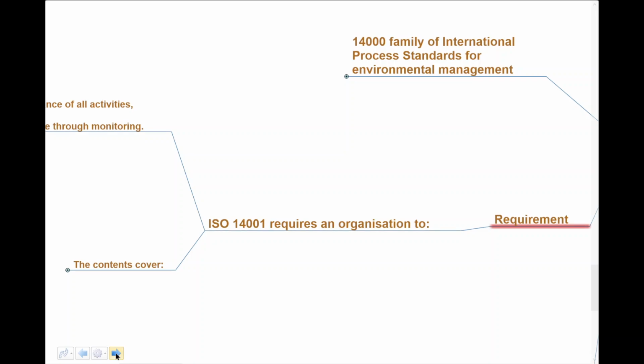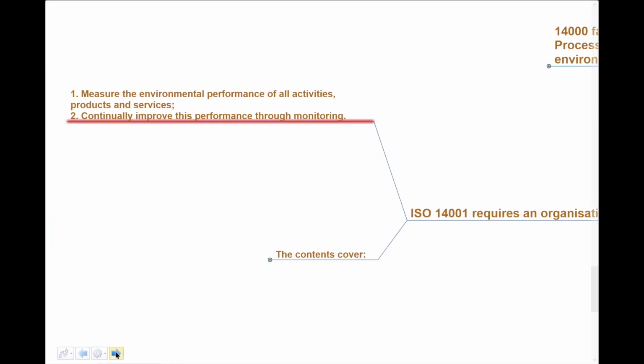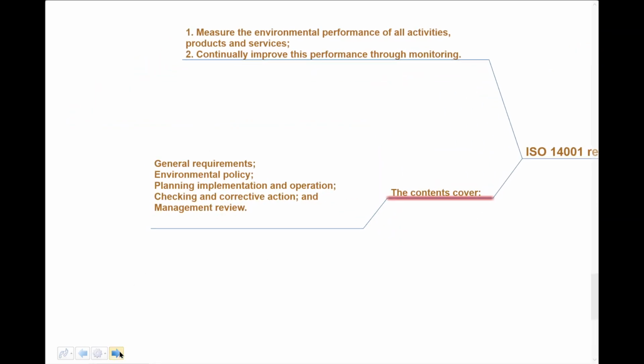In terms of the requirement, let's say for ISO 14001, the suggestion within this particular ISO is that businesses should be measuring environmental performance on all activities, products, and services, and continually improve this through monitoring. Okay. What about the contents of ISO 14001? Well, broadly speaking, general requirements, environmental policy, implementation and operation, checking and corrections, and management review.